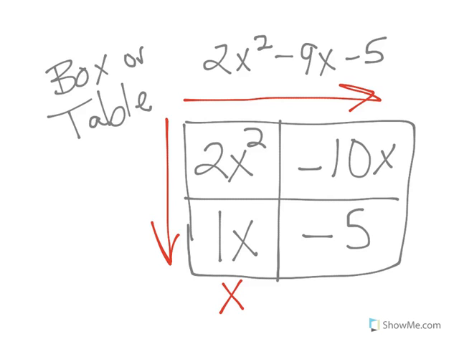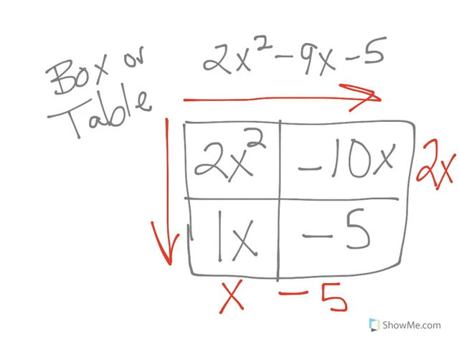Negative 10x and negative 5 have a common factor of negative 5. And then if we read across, 2x squared minus 10x have a common factor of 2x.